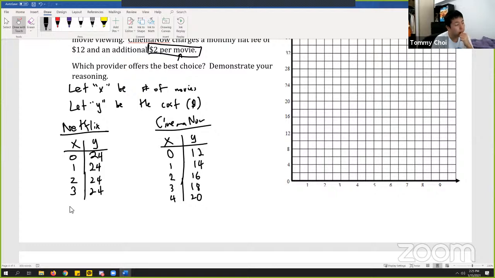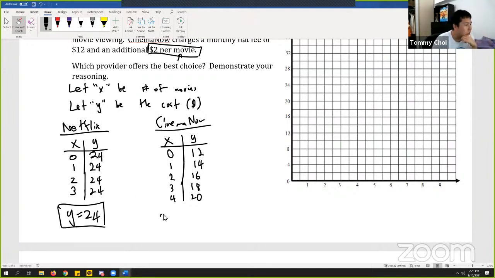You're close, though. Y equals 24 is correct, because the y-intercept is 24. The initial value is 24. The $24 is your fixed cost per month. There is no rate of change. The slope is 0, because you're not paying for any movie.